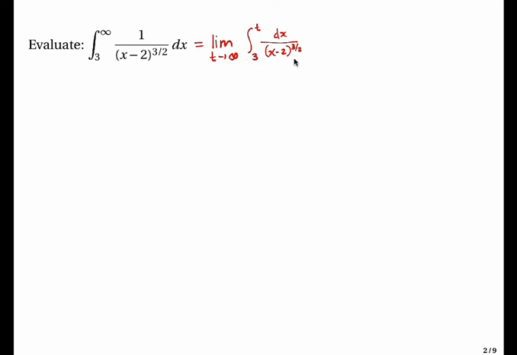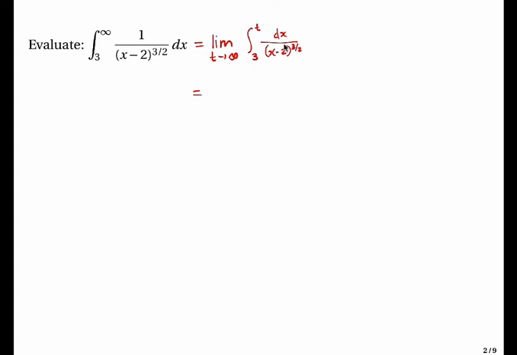This integral from 3 to t is just an ordinary definite integral. When we evaluate it, we will obtain an expression in terms of t, and after we get that expression, that's the time we pass to the limit as t approaches infinity. So let us work on the definite integral inside.